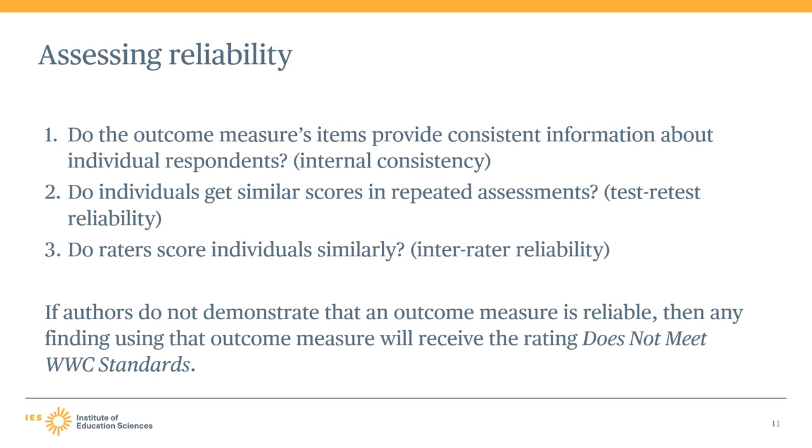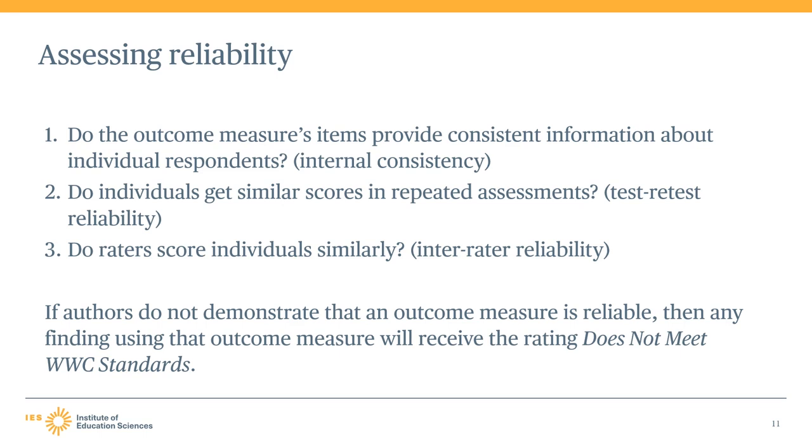There are 3 ways for an outcome measure to meet the reliability standard. The first way to demonstrate reliability is to offer evidence that the individual items or questions in an outcome measure provide consistent information about a respondent's knowledge, skills, attitudes, or behaviors. This is called internal consistency.